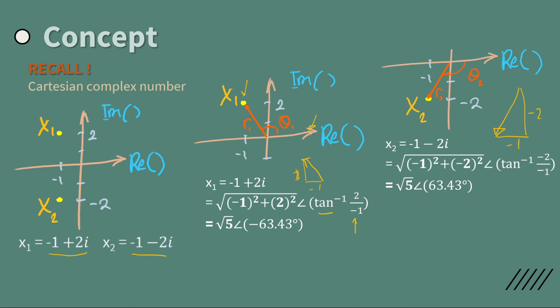So you will get square root of 5, and then the angle here, actually the angle is looking at this portion. But don't worry with this because that's here. Actually the theta 2 here is the same as the theta 2 there. So this is basically trigonometry.